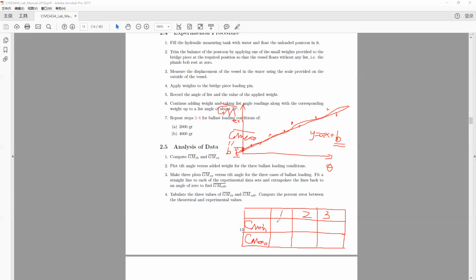Let's see, if the number is 1.2, it could be 1.3; this one could be 2 and 2.2; and for the third case it could be 2.5, and GM experimental 0 could be 2.8 or something. If there's no big mistake or error in the data, these two numbers for each particular case should be pretty close.